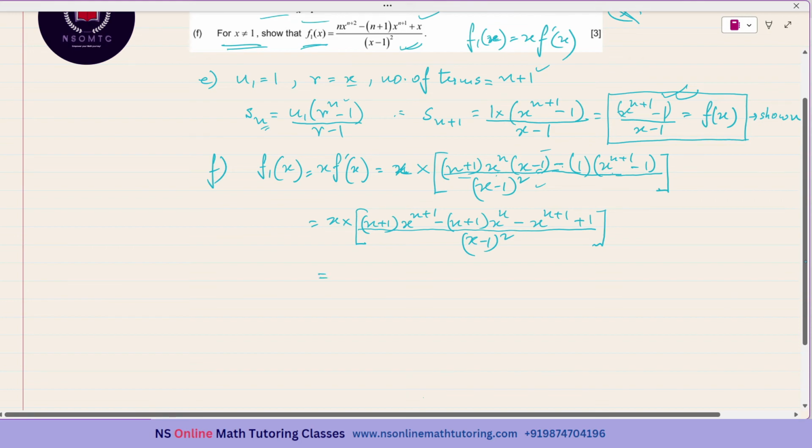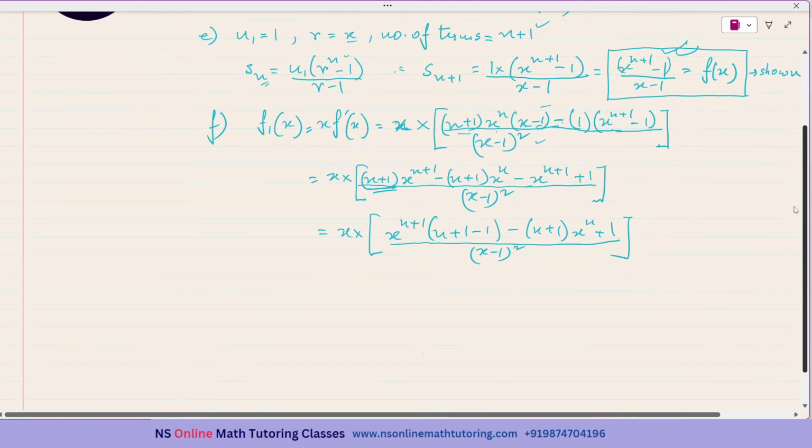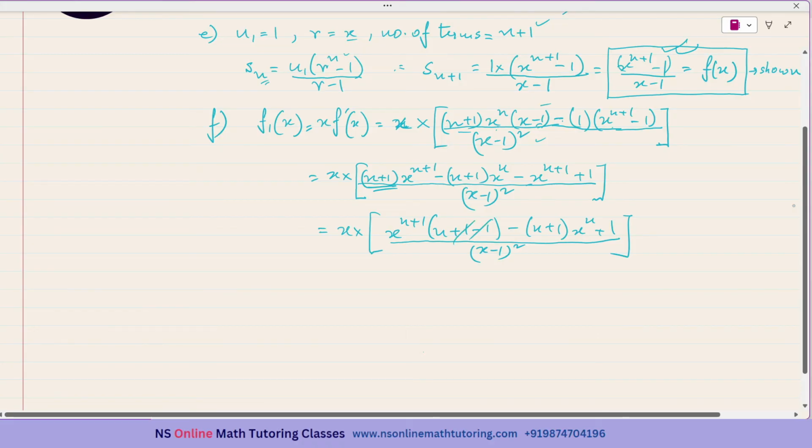So this is x times, I can take x to the power of n plus 1 common, and this is n plus 1, and this is minus 1. Minus n plus 1 x to the power of n plus 1 divided by x minus 1 whole square. Okay. And n plus 1 minus 1, these two will be getting cancelled.